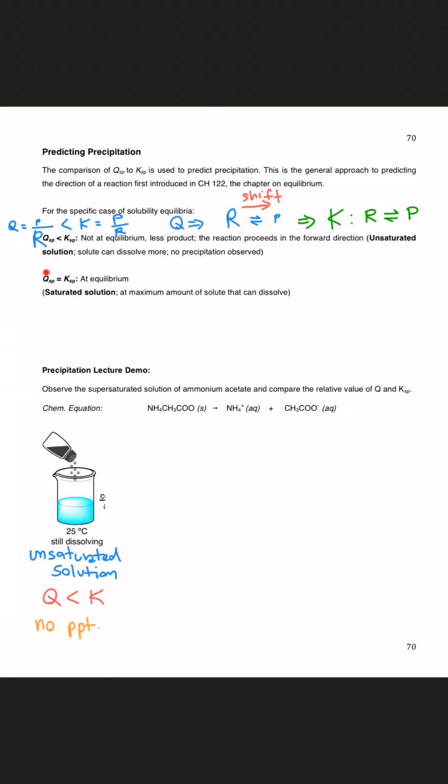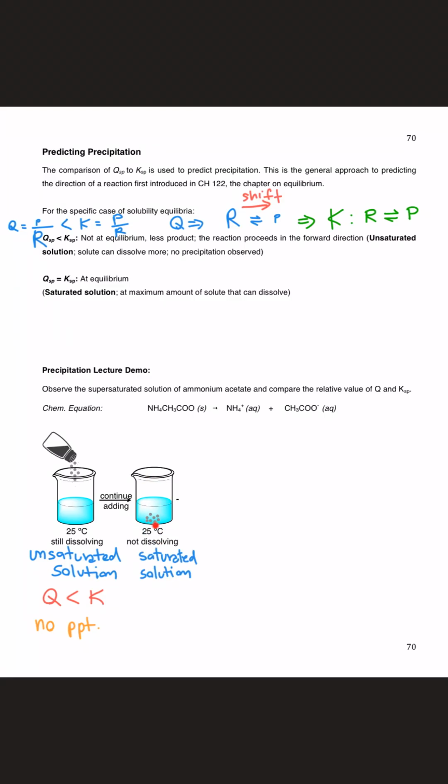Next, if Q equals K, it represents that the solution is already at equilibrium, which means that the solution is a saturated solution. This is when the maximum amount of solute can dissolve in the solvent. Now, if you look at this figure here, from the unsaturated solution, if you continue adding more of the ionic compound until it cannot dissolve anymore, this point represents the equilibrium point, and this solution would be called a saturated solution.